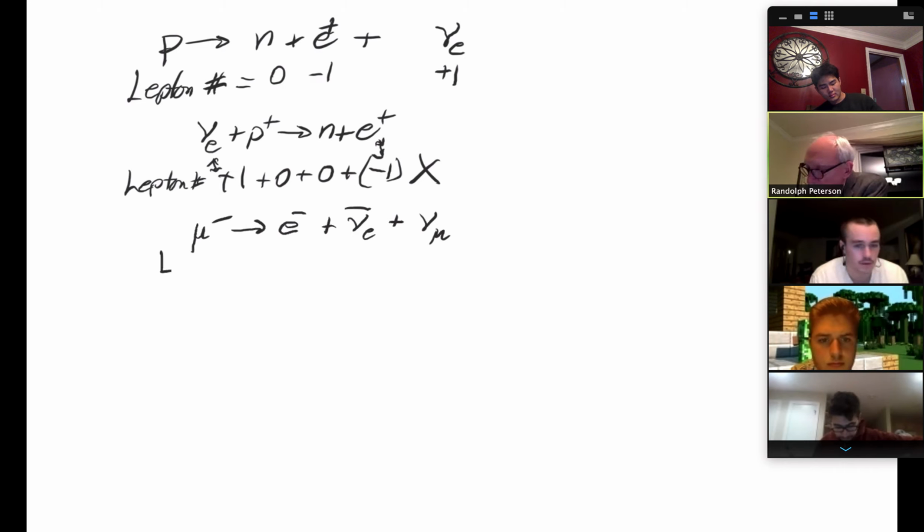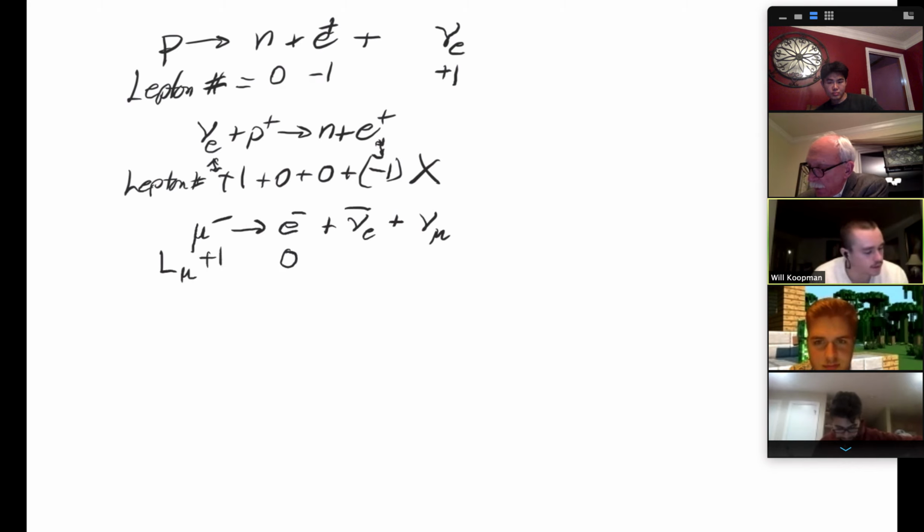Okay, so we've got muon lepton numbers, and what's the muon lepton number for a mu minus? Isn't that plus 1? Yeah. Electron is 0. Electron neutrino is 0. And the muon's neutrino is a plus 1, isn't it? Yes.